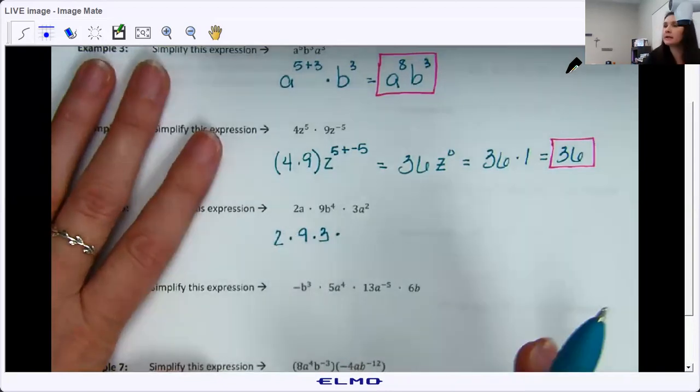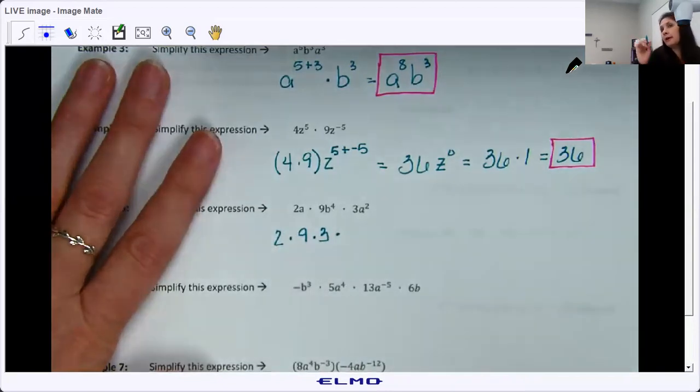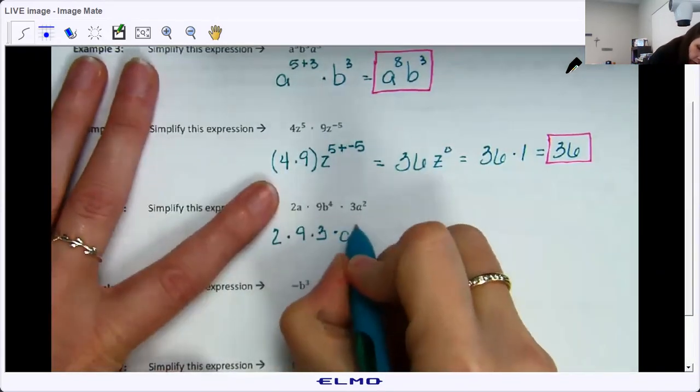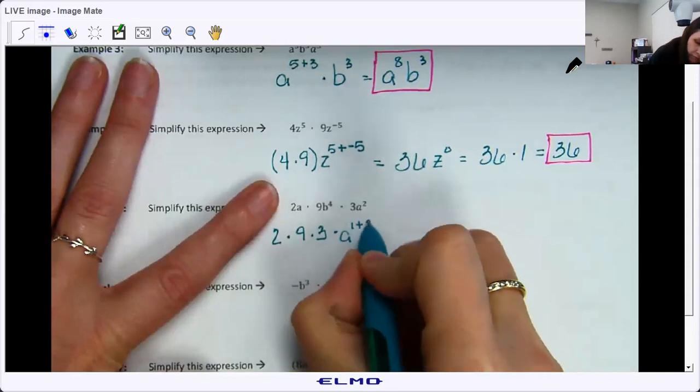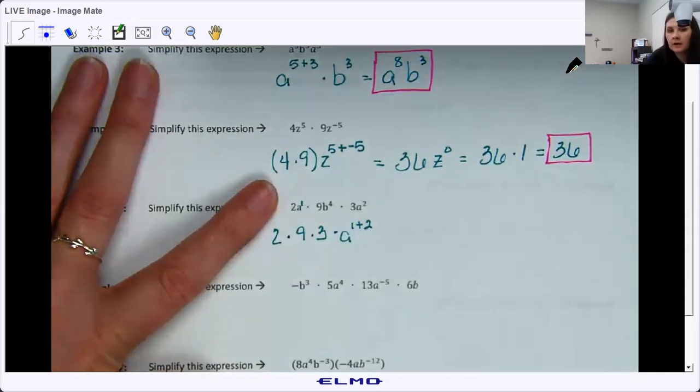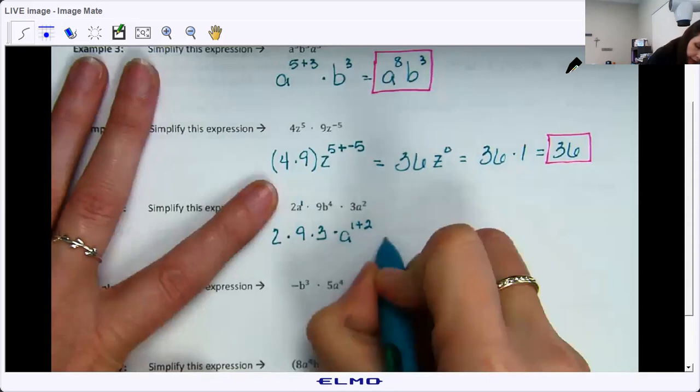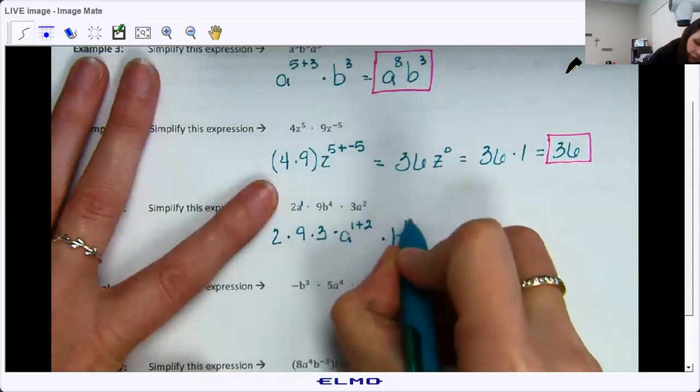All your coefficients will be multiplied together. It's your variables that matter. You have to have the same variable in order to add your powers. So in this case, I would take a to the power of 1 plus 2, because this has a 1 there, even though we don't see it, times b to the power of 4.